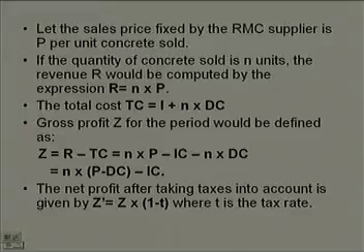Now, R is nothing but n times P, and TC is IC plus n times DC. So, effectively Z is equal to n times (P minus DC) minus IC. It is very simple how it has been worked out.